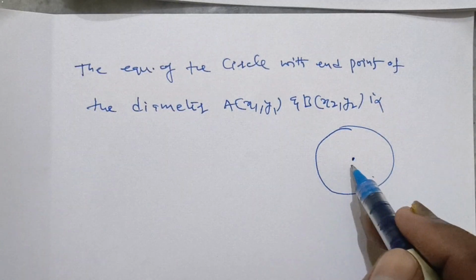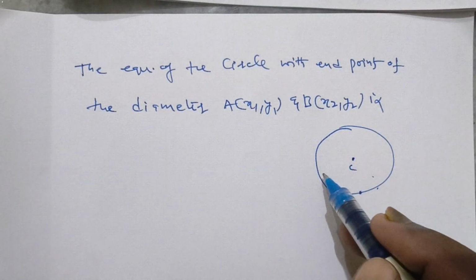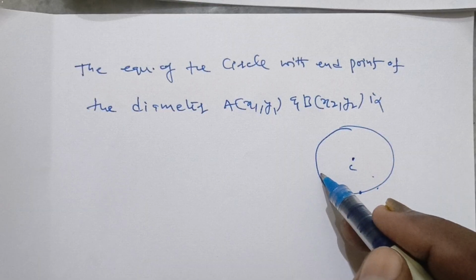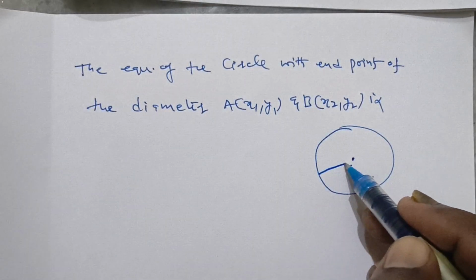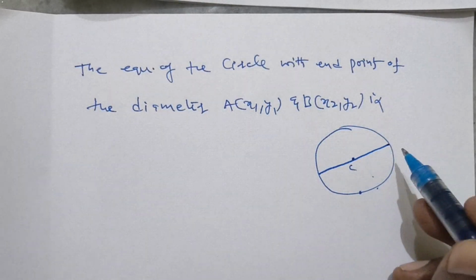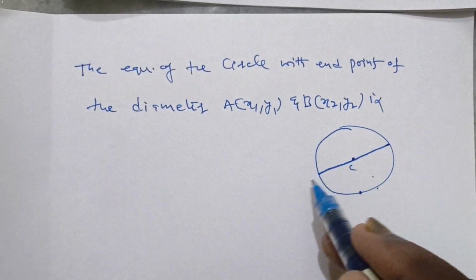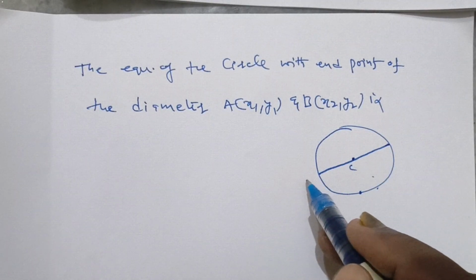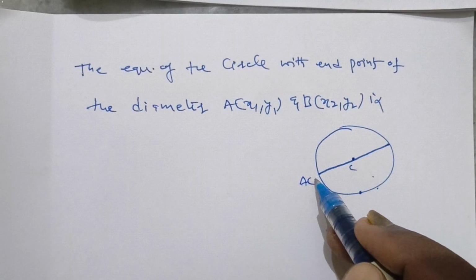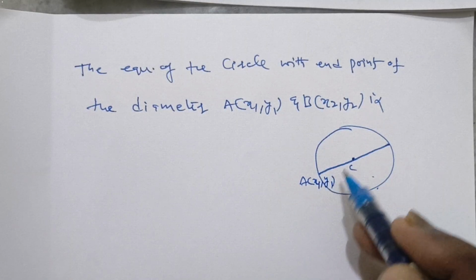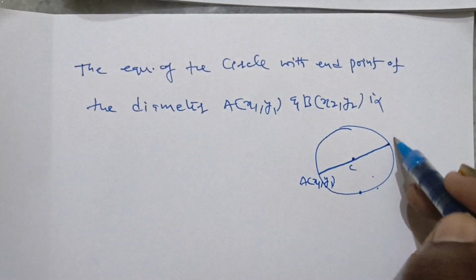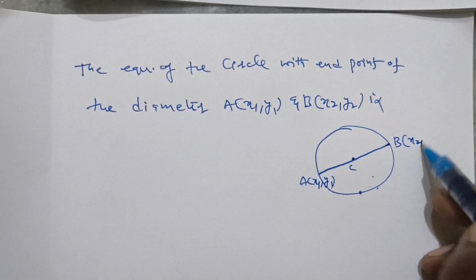Suppose this is a circle with center C. Diameter means a line segment that passes through the center of the circle to the endpoints of the circle. Suppose here A is one endpoint, that is x1 y1. B is another endpoint here, x2 y2.